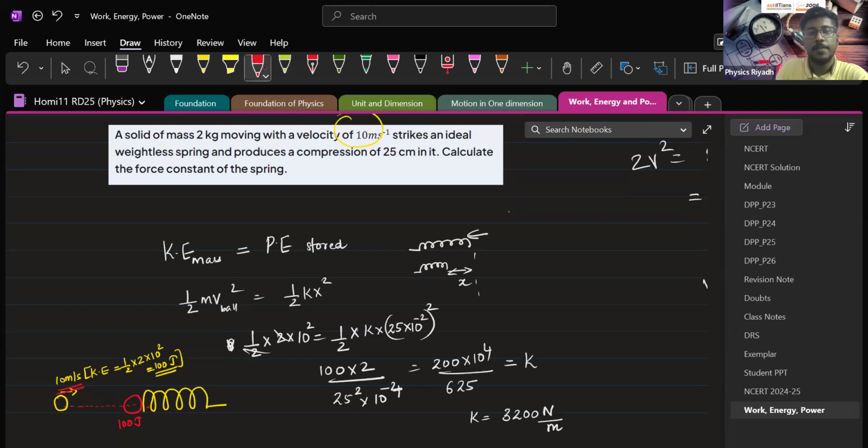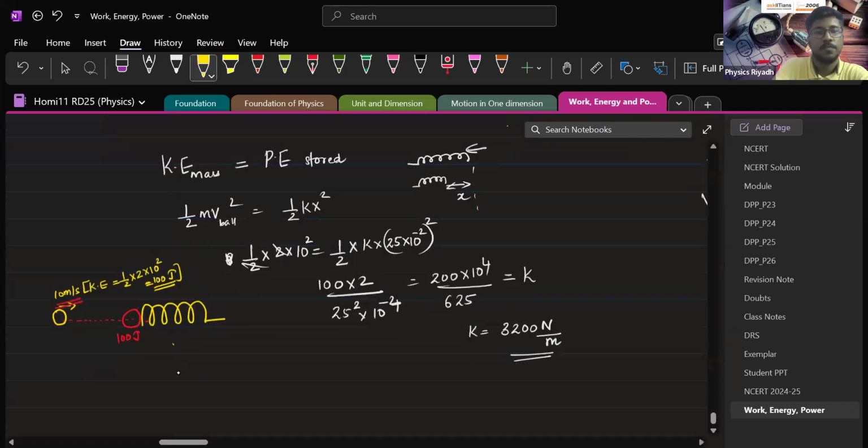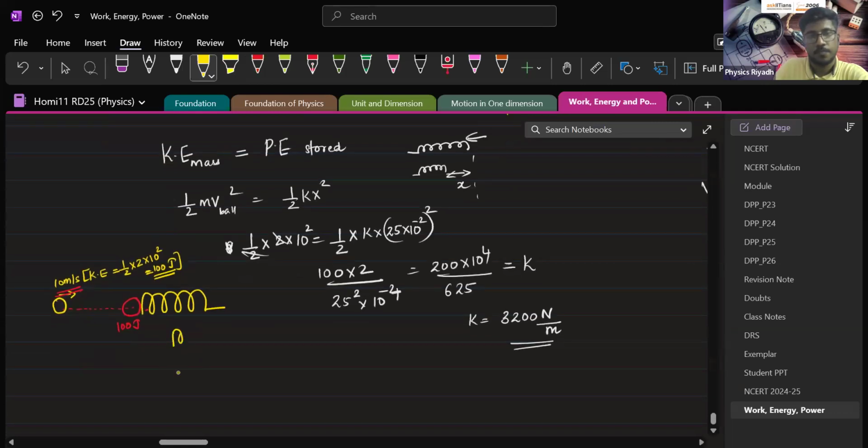Now the spring is getting compressed, let's say, to this much. Okay, the spring is now compressed this much. Once the spring starts compressing, the ball is doing some work because of which the ball has to spend some energy.